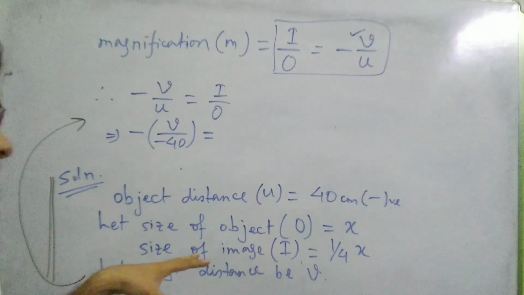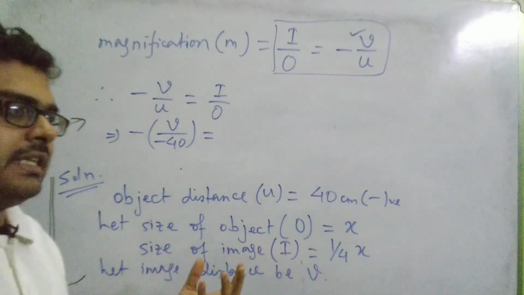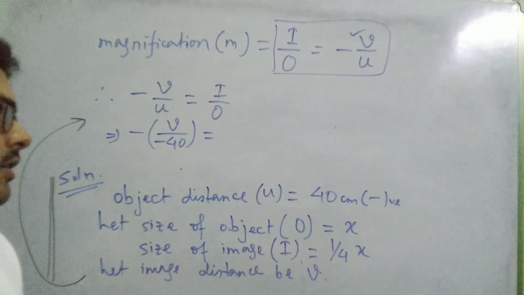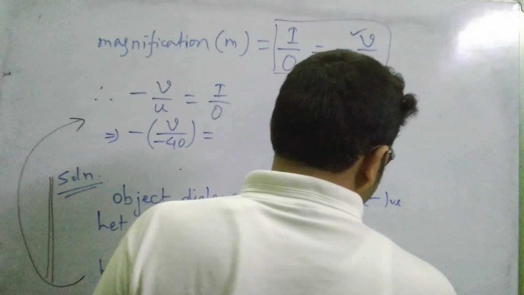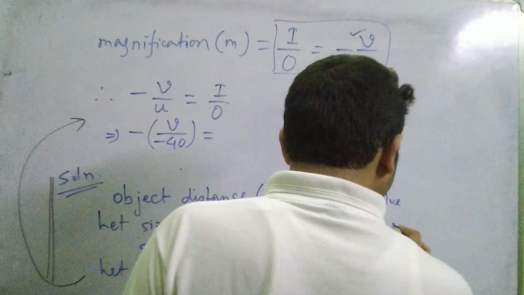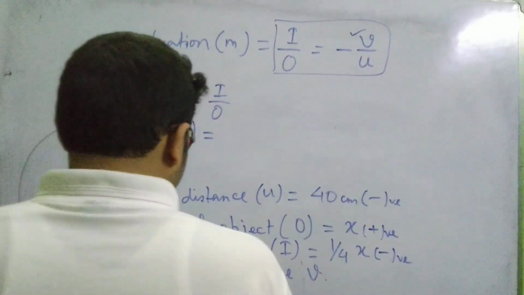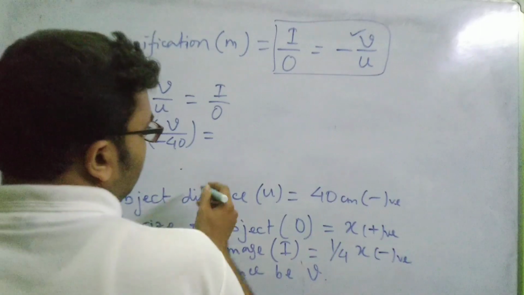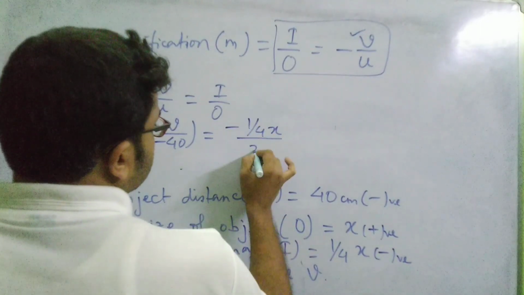As here the size of the image is 1/4 the size of the object, definitely the image size I will be negative, because in a real image the image is inverted. So I here will be negative, and object height is always positive. So I is minus 1/4 X by object size X.